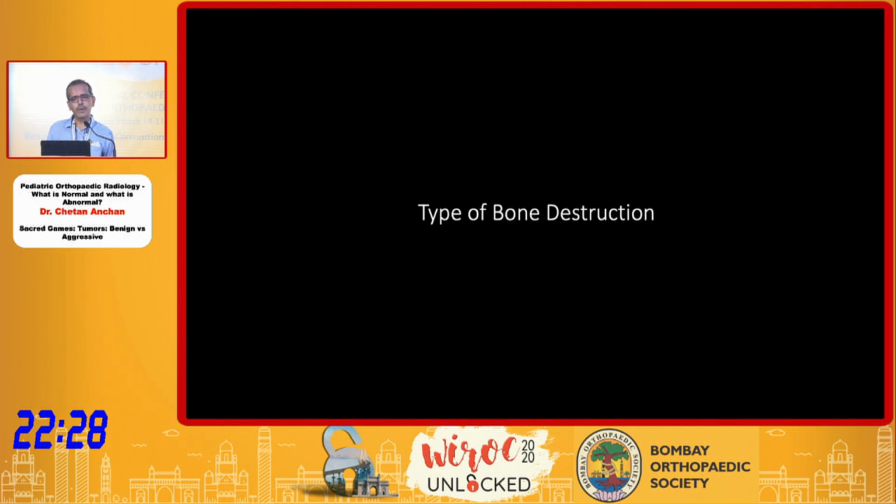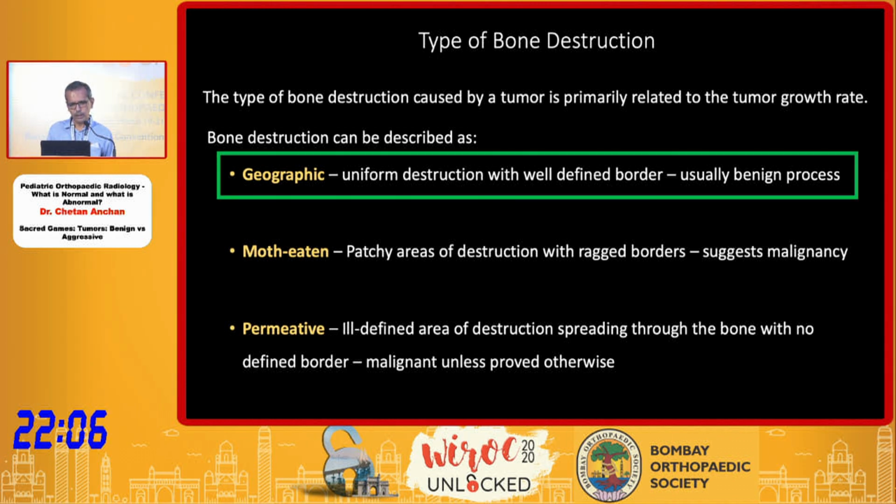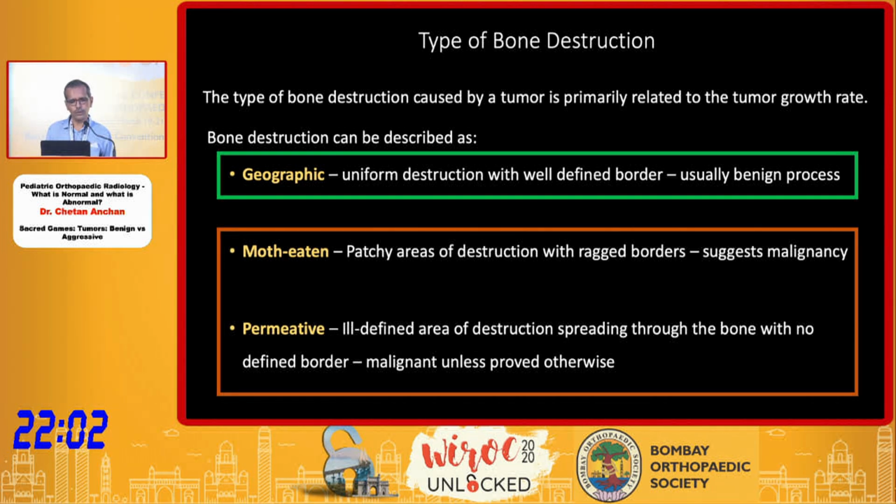Then we come to the pattern of bone destruction. This has been typically described in three ways. One is geographic, where there is uniform destruction with well-defined borders. The next is moth-eaten, which is patchy areas of destruction with ragged borders, and the permeative pattern of bone destruction, where there is ill-defined area of bone destruction which spreads through the bone with no defined border. For us, what we need to know is whether it is geographic or whether it is non-geographic.